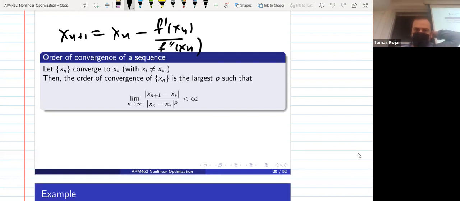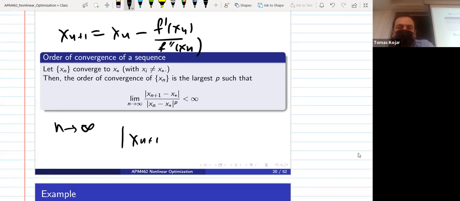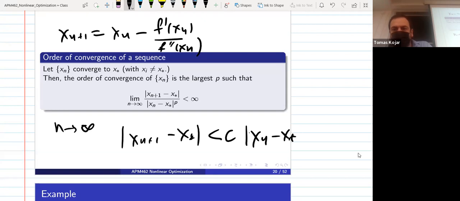And we will show that this converges. So what does that say? It says that as you take n to infinity, the next step, xn plus 1 minus the minimizer, is less than some c times xn minus x star to the p.